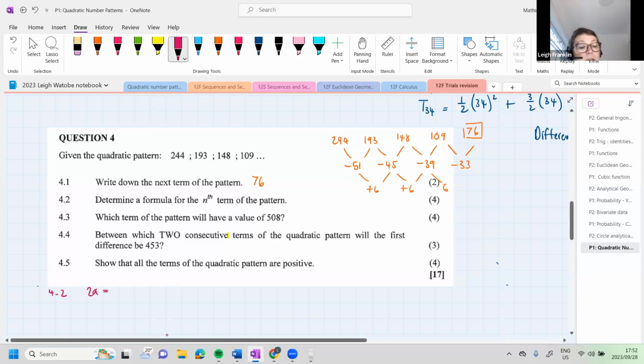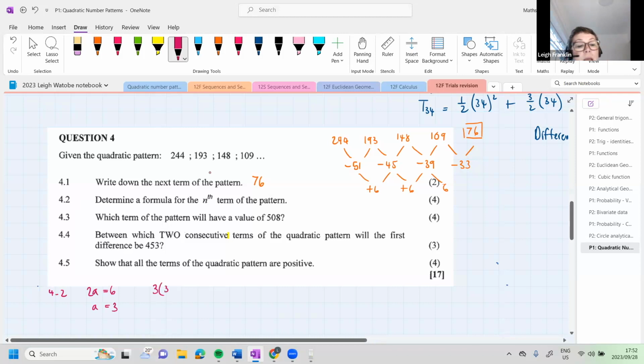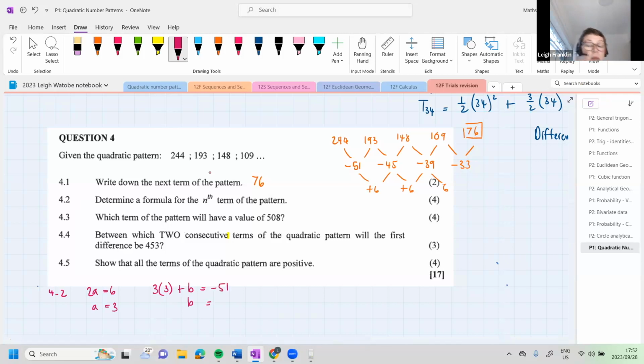So if 2a is equal to 6, it means that a is equal to 3. And then I'm going to take 3a plus b, and I'm going to make that equal to negative 51. So b is going to be equal to negative 51 minus 9. So I'm getting negative 60 here.